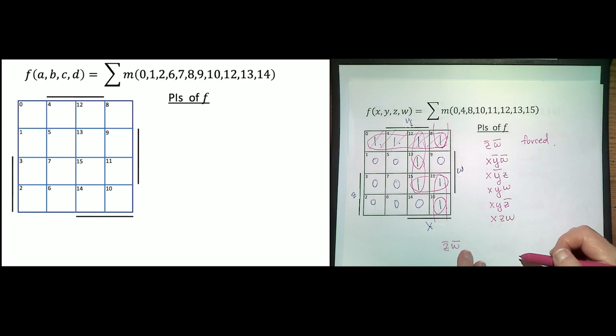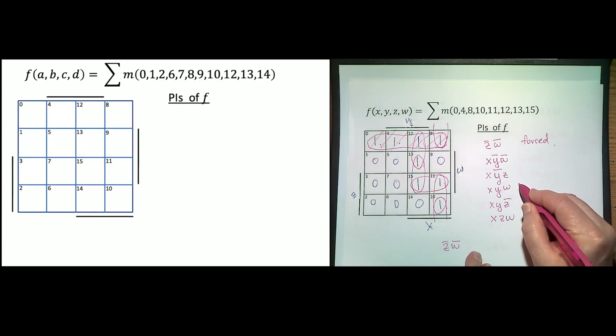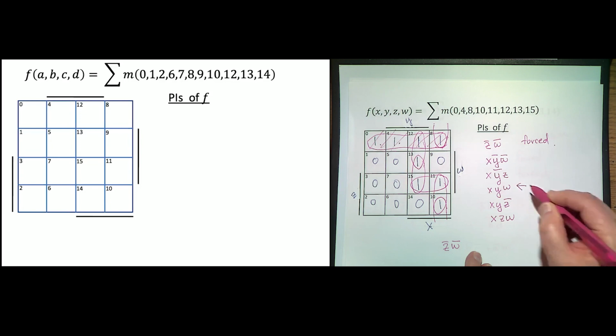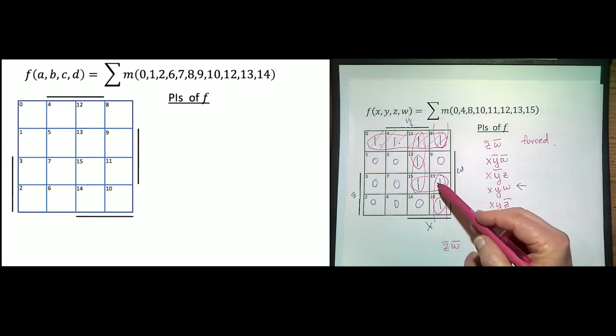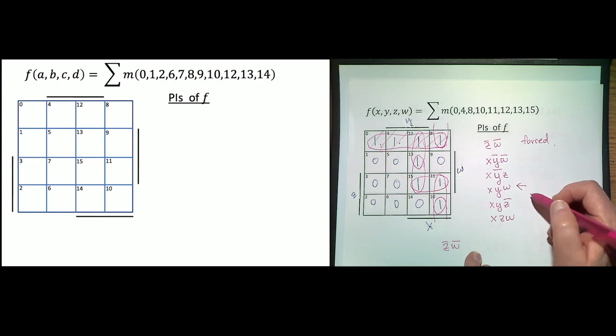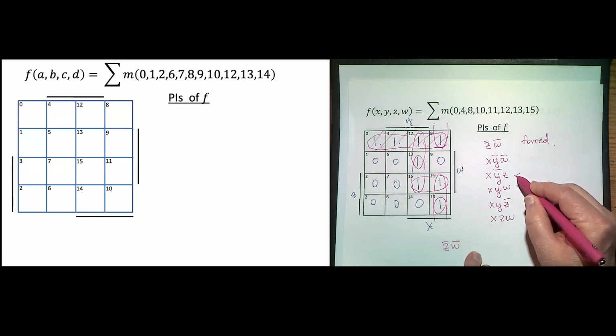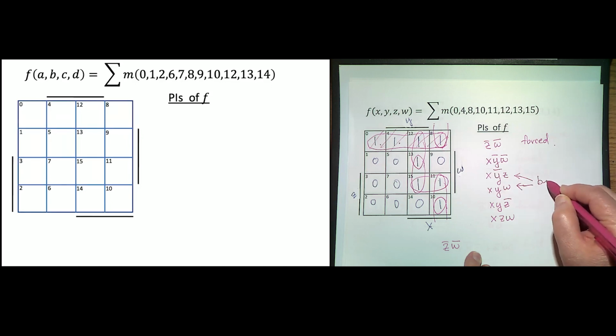So we're going to take 13, 15, which is X, Y, W. And we're going to take 11, 10, which is X, Y bar, Z. So together, these are the best choice for the remaining.